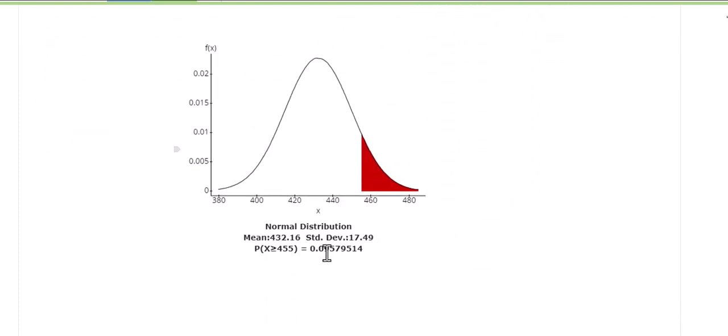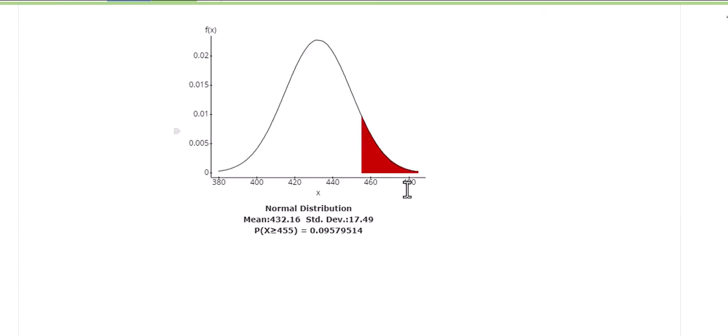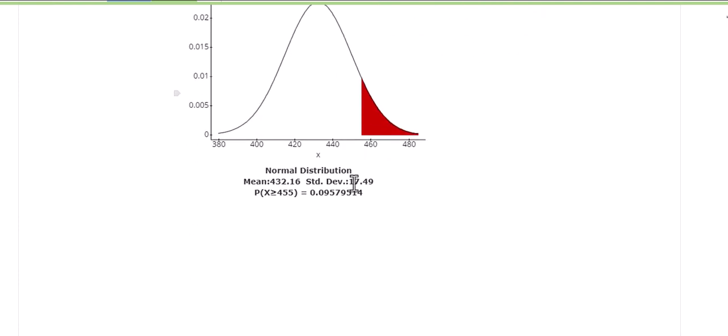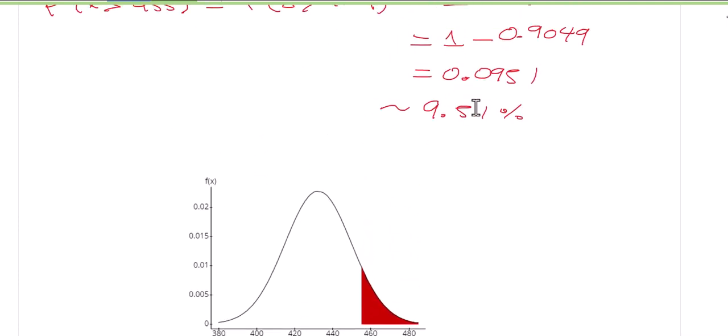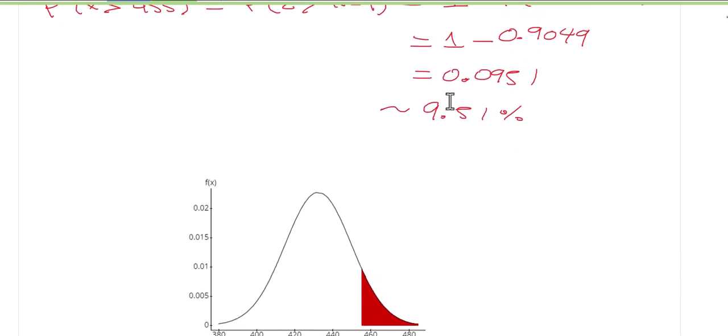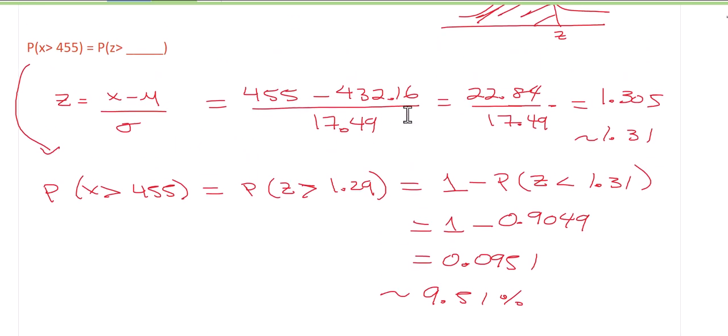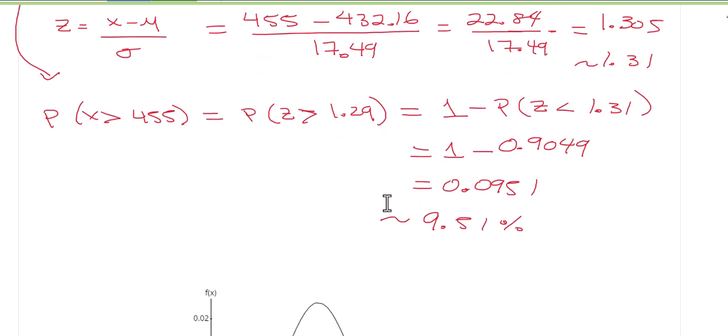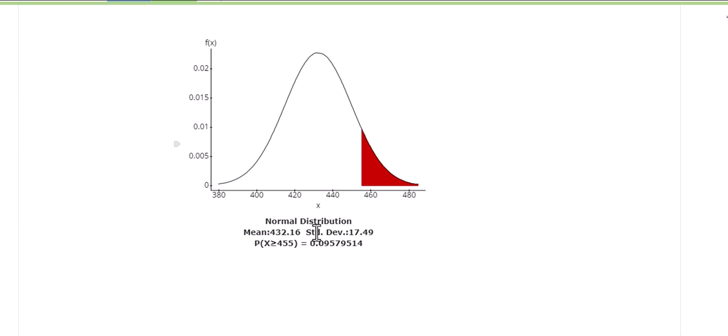So now let's compare. That makes more sense. So 9.57. We're still a little off, but not by the amount that we were. So I knew there was something wrong, so it was better to check my math here. And as you can see, StatCrunch is definitely more accurate.